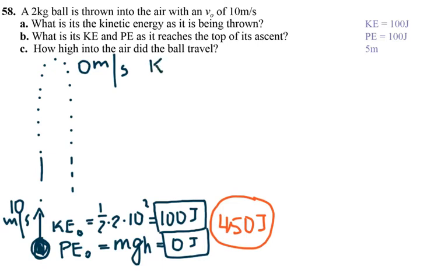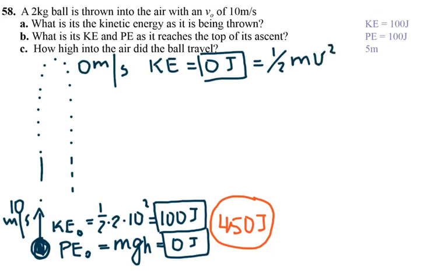So the kinetic energy at the top is 0 joules, because that is equal to 1/2 mass velocity squared, and there is no velocity at the top. That means the potential energy of the object must be 100 joules, because the total energy of the system must stay conserved and equal 450 joules.